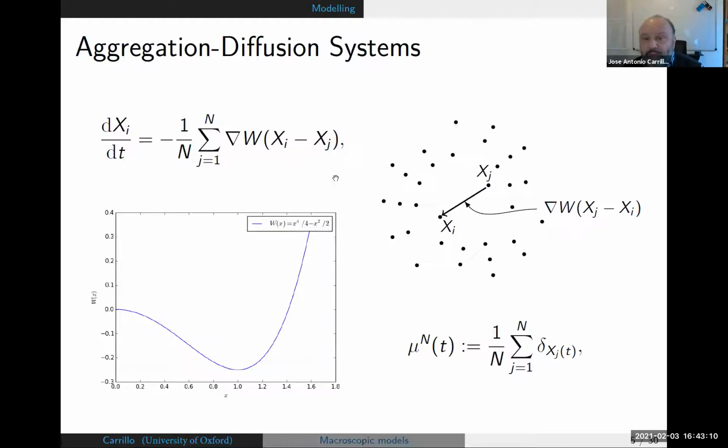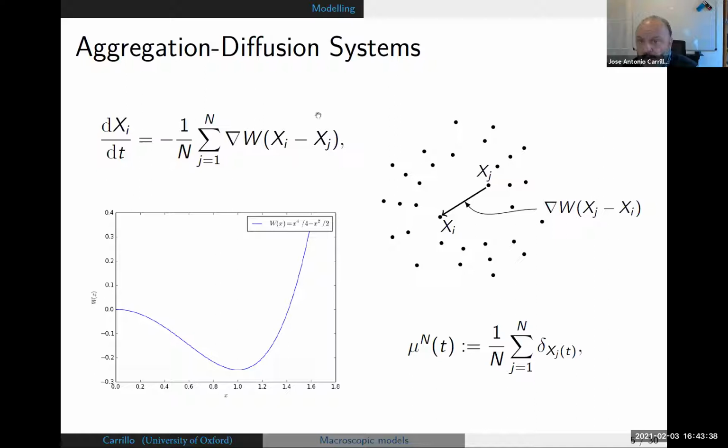I give myself an interaction potential that I call W, and then I look at the forces that one particular particle in the ensemble receives from all the others. So gradient W(xi minus xj) is the force that the particle xj is producing onto xi, and here I have the average of them.